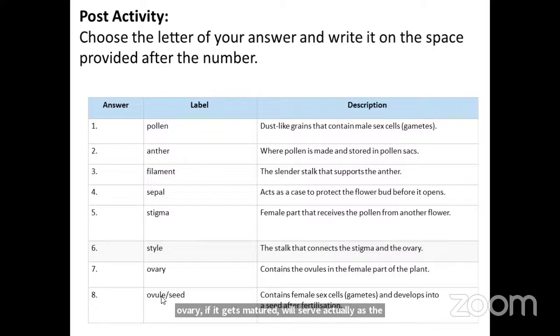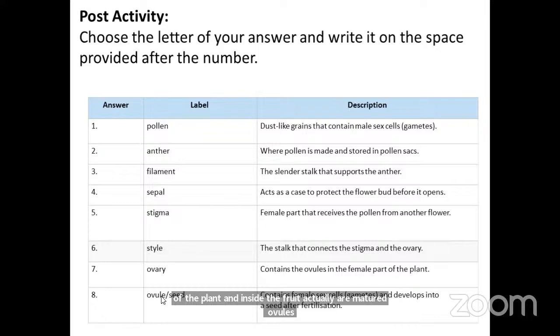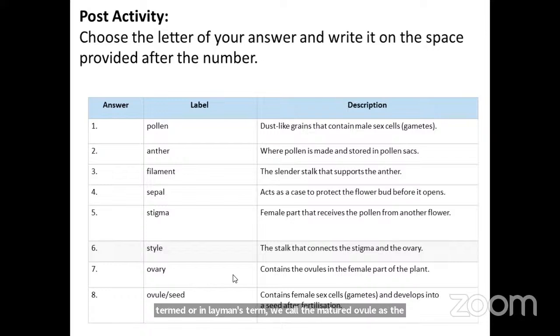And inside the fruit are matured ovules, which in layman's terms we call seeds. That will all be discussed further in the topic of pollination and double fertilization. This activity will also summarize my discussion on flower morphology.